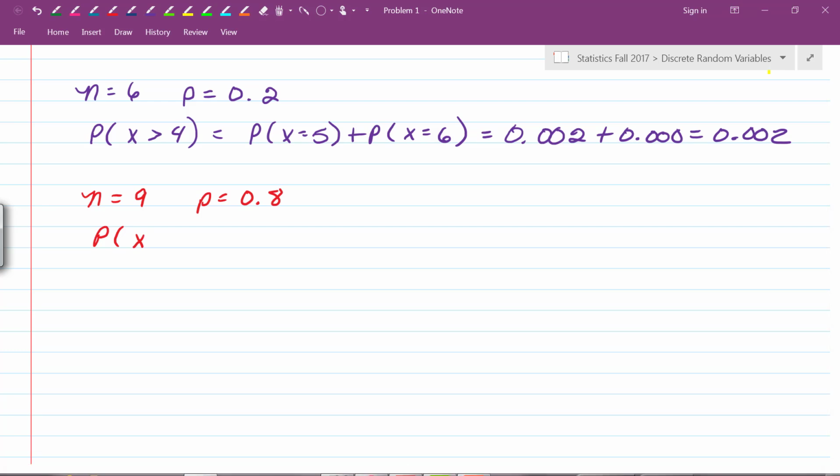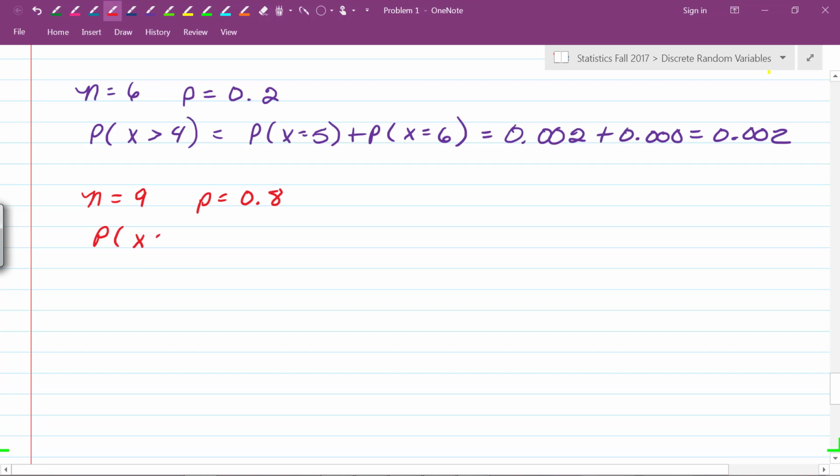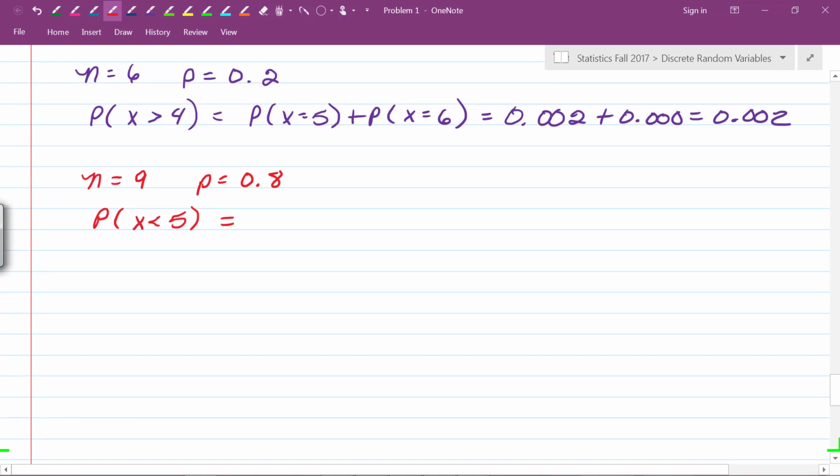So x is less than 5. Well, I'm going to use the TI-84 on this one. You could use the tables, but I'm going to go ahead and save some time, and I'm going to demonstrate how we would use the TI-84 for this one. Remember, the TI-84 has to be equal to, so I'm going to rewrite this because this is the same thing, that x is less than or equal to 4. And I must have that equal sign and less than sign if I'm going to be using the TI-84. And I'm going to bring it on up.